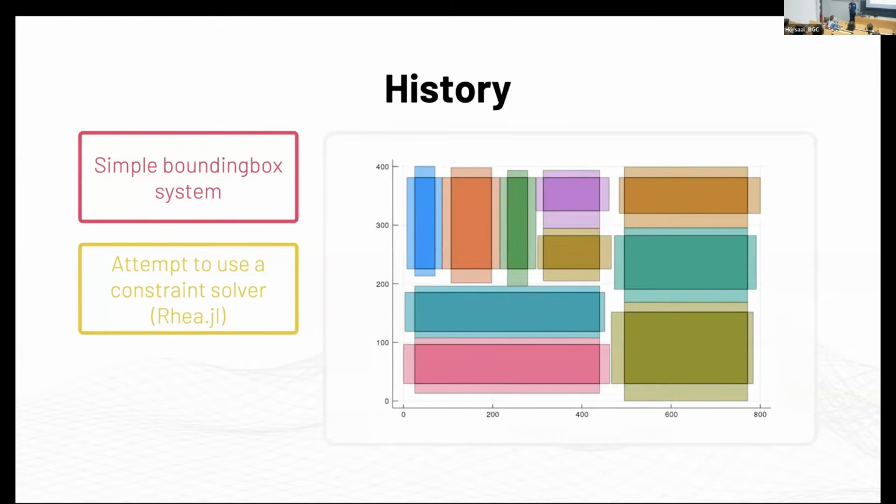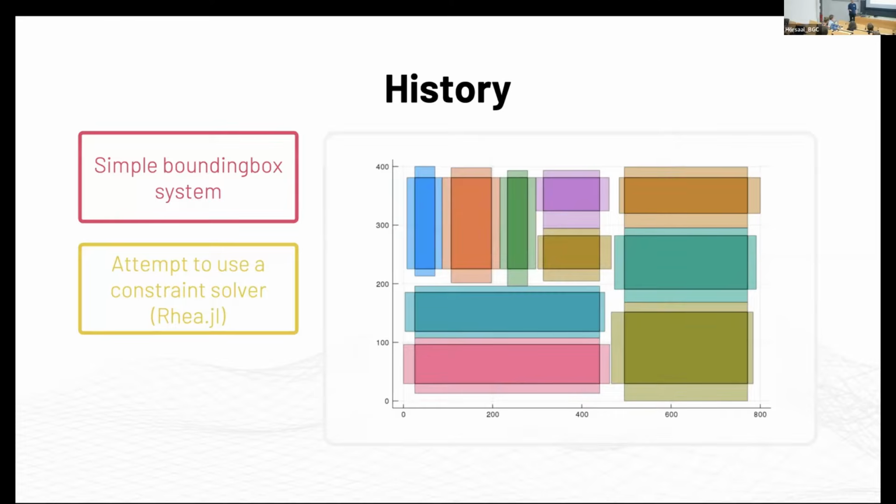You say this line is supposed to be where this line ends, and these things are supposed to be that wide, and all of that, and the thing just does its magic, and in the end it spits out values for all your variables, but you don't know what you can do about it. And if it fails, you don't really have much recourse. So I did abandon that approach after a while, after hacking on it.